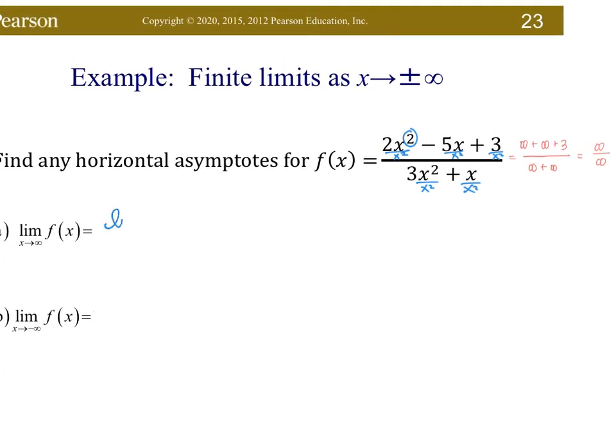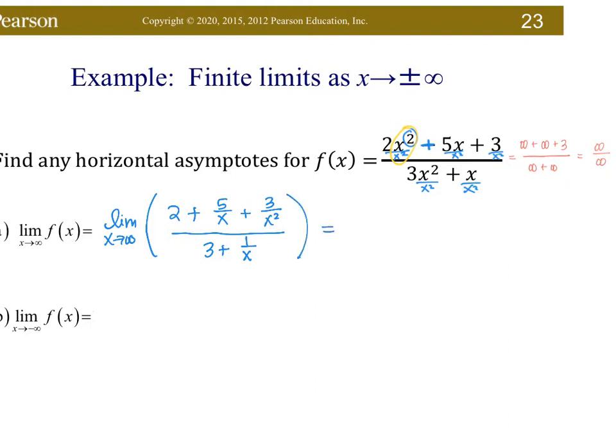So I'm going to have the limit as x approaches infinity, big parentheses, of 2x squared divided by x squared, which leaves me with 2. It's a plus sign, right? We changed that. Plus 5x over x squared reduces to 5 over x. Plus 3, which doesn't reduce, so it's just 3 over x squared. And then the denominator will be 3 plus 1 over x.